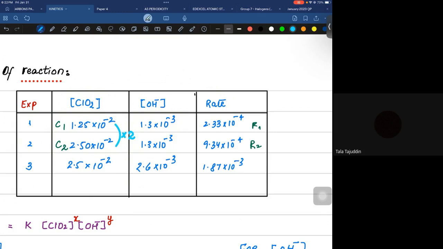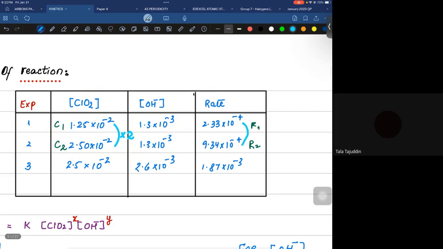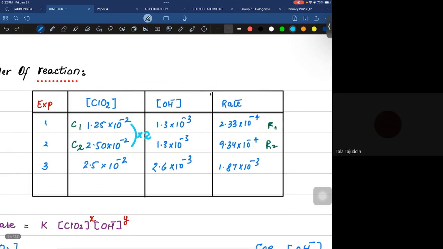If these numbers are confusing, to make this easier you can divide.